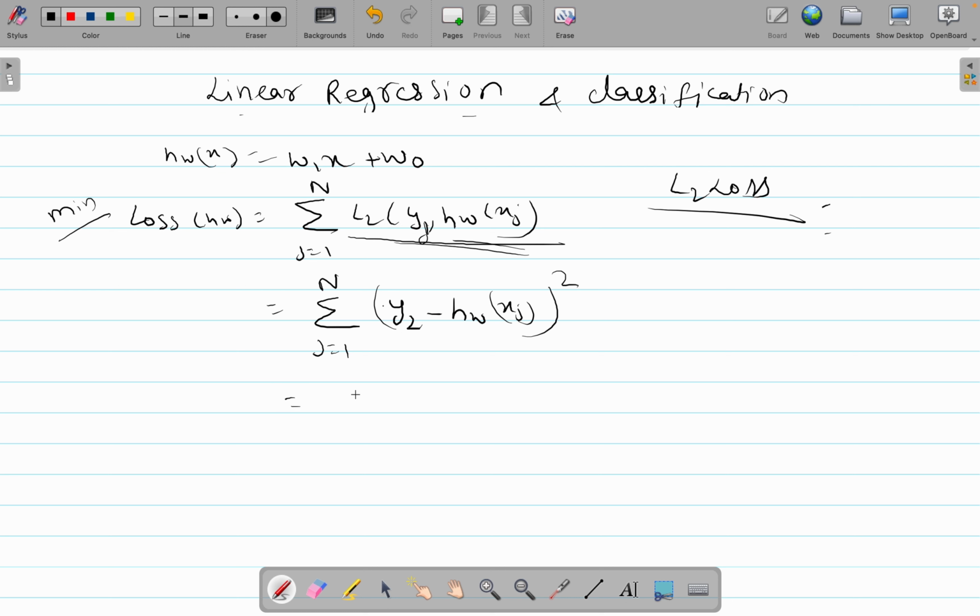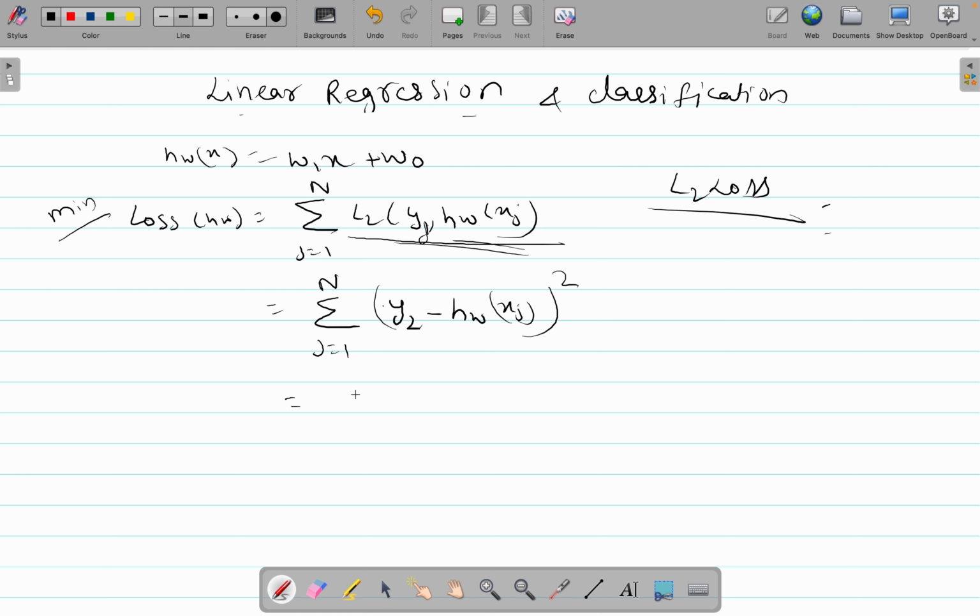Now what we have to do is find the weights, the minimum weight we can get is argmin over w of the loss function h of w. So this is my goal, to minimize.